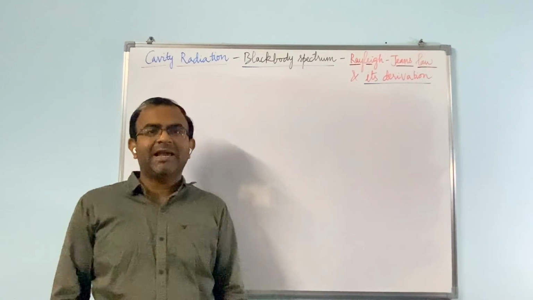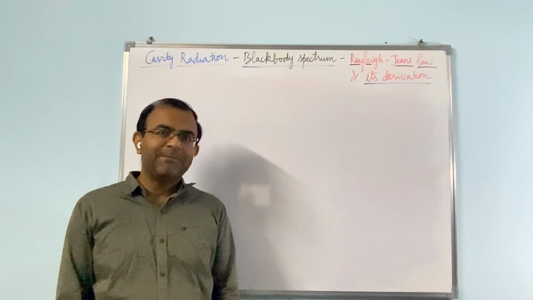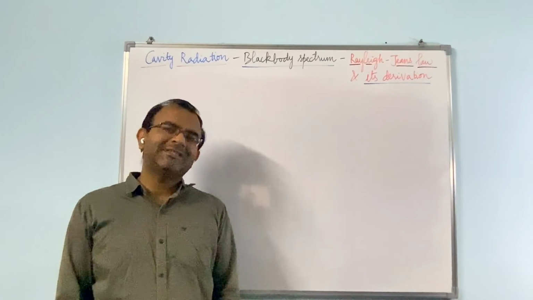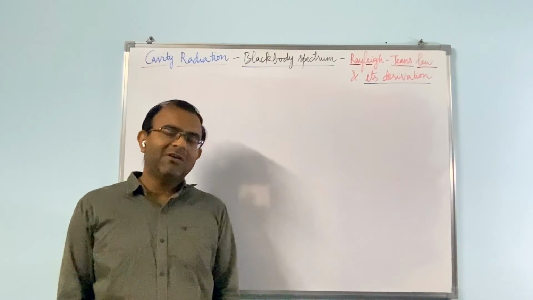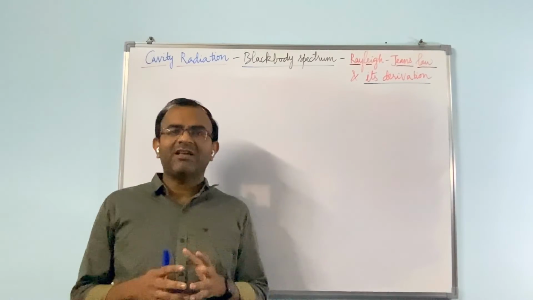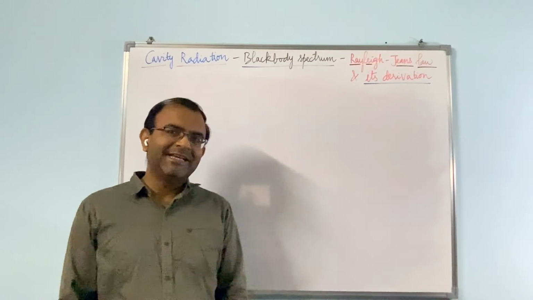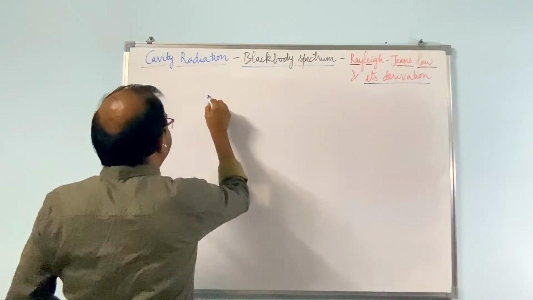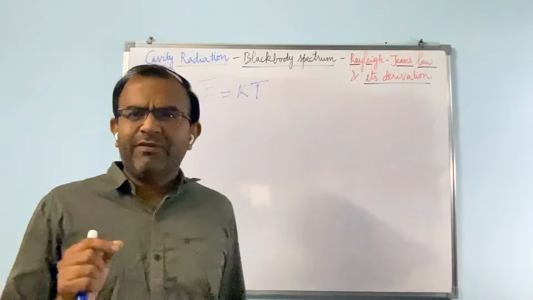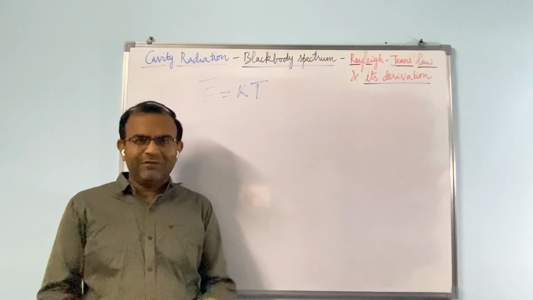The next step in the calculation of the energy density in the Rayleigh-Jeans derivation is the average energy of each of the standing waves in the cavity of frequency nu. Now, classical kinetic theory says that in a system having a large number of similar entities in thermal equilibrium, the average energy is given by the expression. Now any particular wave in this cavity, we know that the energy of the particular wave can be any value from 0 to infinity.